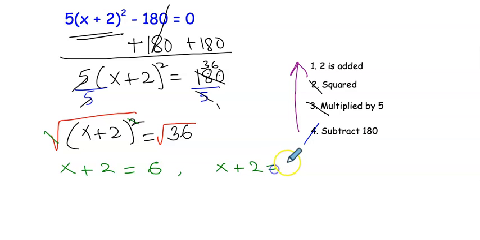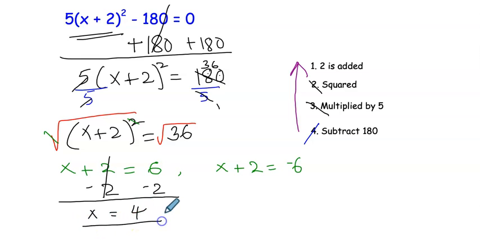That is, x plus 2 is equal to 6, x plus 2 is equal to negative 6. Subtract 2 on both sides to give you x is equal to 6 minus 2 is 4, and subtract 2 on both sides, x is equal to negative 8.